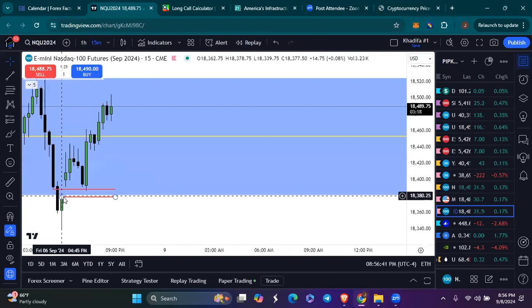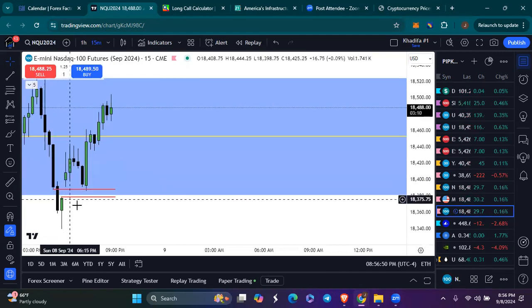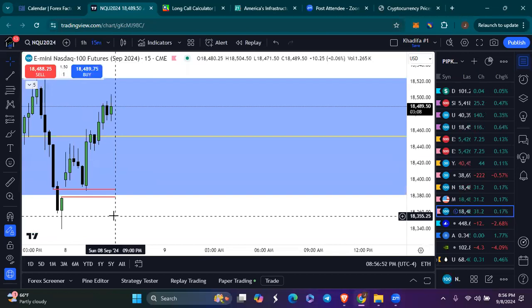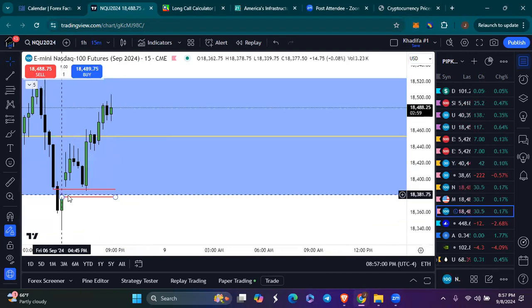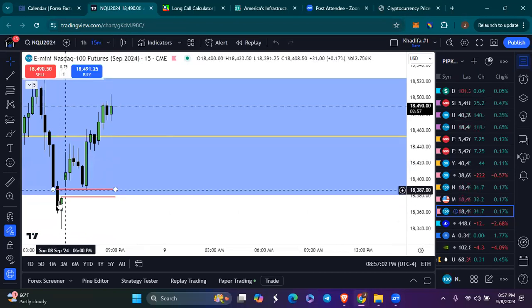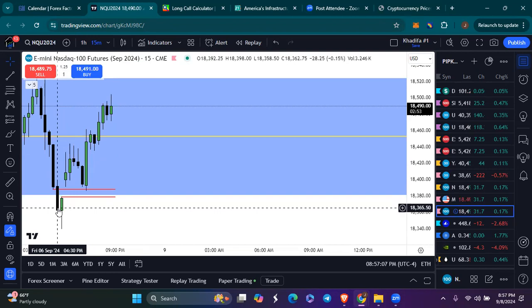So you see this gap. There was no price between this candle's high and this candle's low. It's just empty right there. That is what my mentor Michael Huddleston calls a liquidity void. That means that price was void of liquidity within that gap, within that area, right?